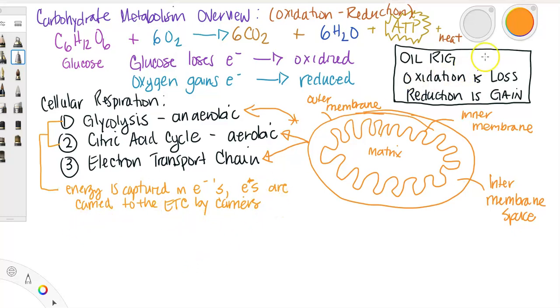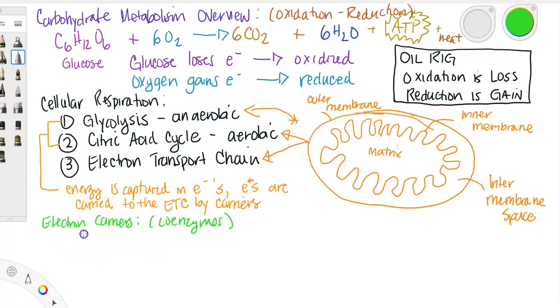So the electron carriers, these are coenzymes. And there's two of them.